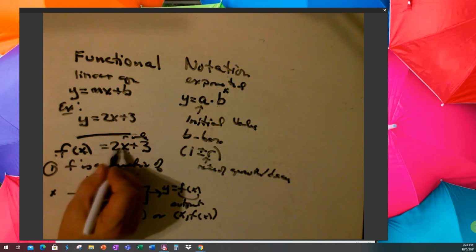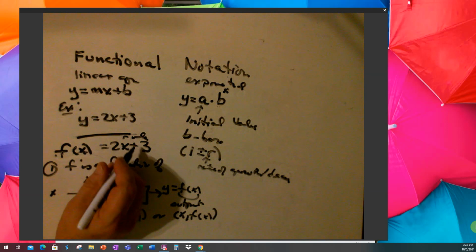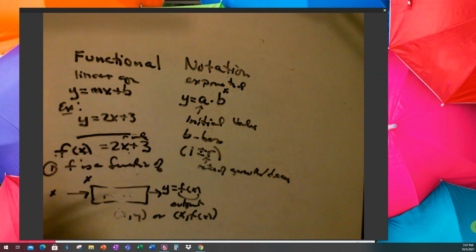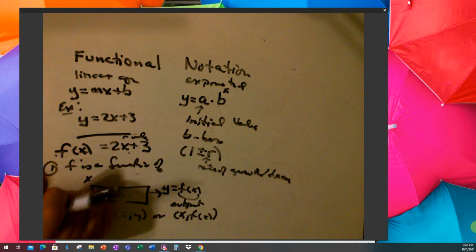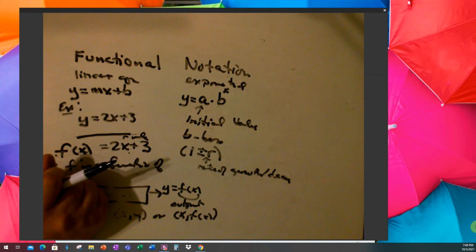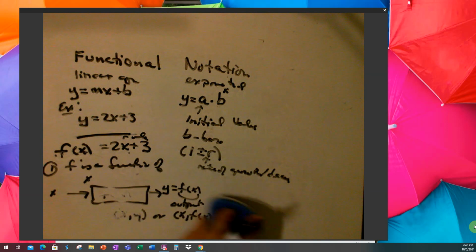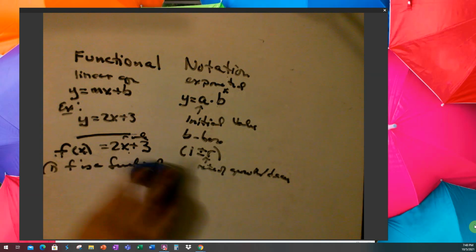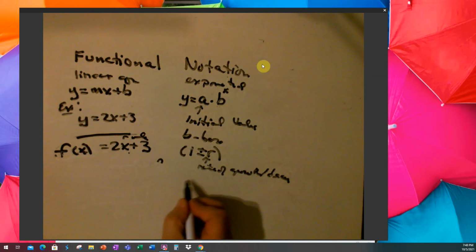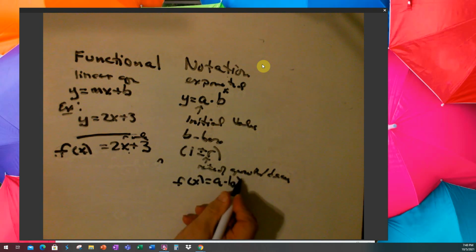Take the input, whatever that number is, multiply it times 2, add 3, or whatever that rule says, okay? So in this case, it just happens to be a linear function, okay? So for this one, it would be f of x is equal to a times b to the x.